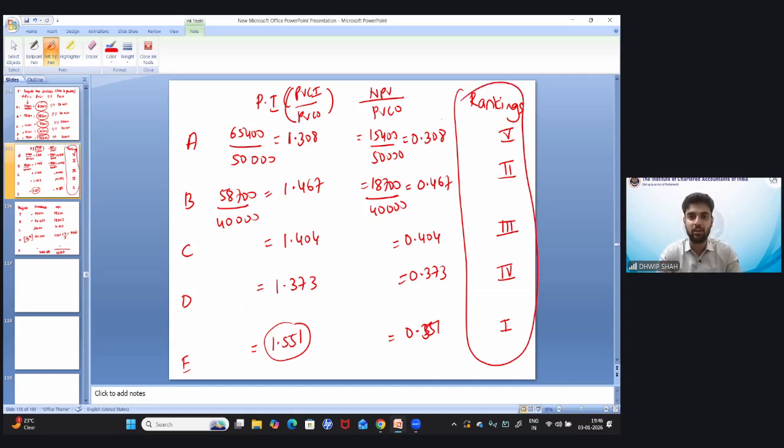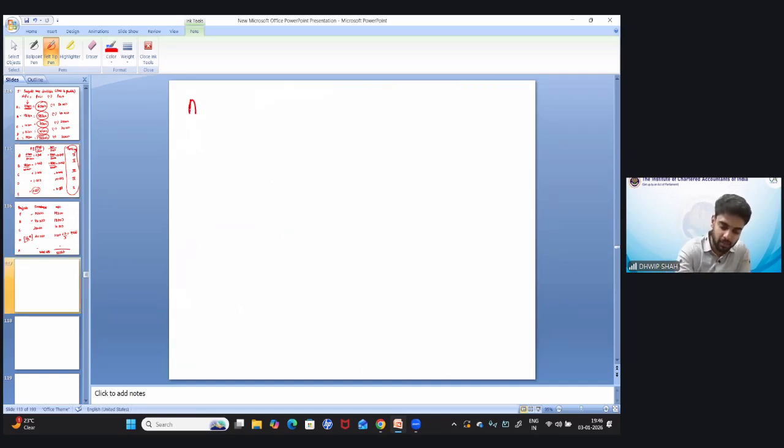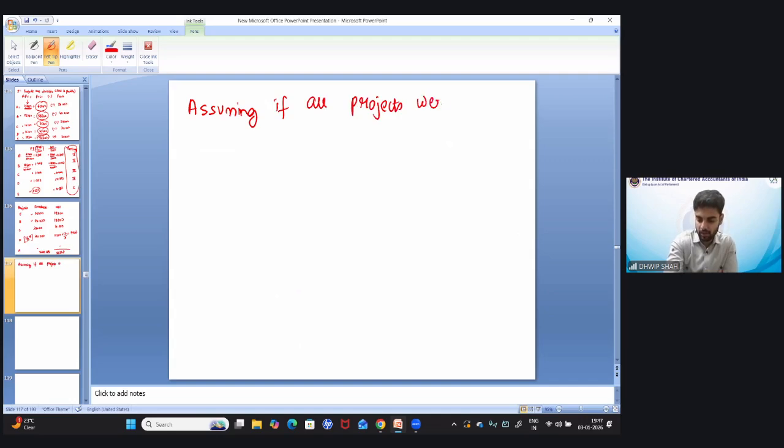Yeah, are you following? Taking absolute NPV amount, not PI, but taking absolute NPV amount. ठीक है? So let's see that. Assuming if all projects were indivisible, means part of project is not possible.